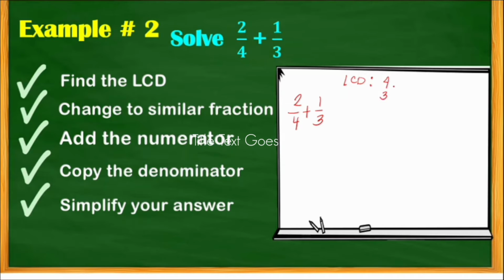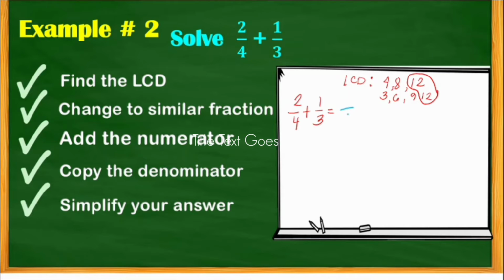Let's skip count: 4, 8, 12. Then 3, 6, 9, 12. So the least common multiple of 4 and 3 is 12. So the LCD of 4 and 3 is 12.